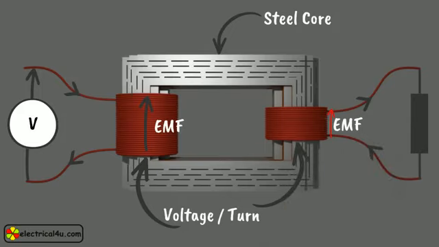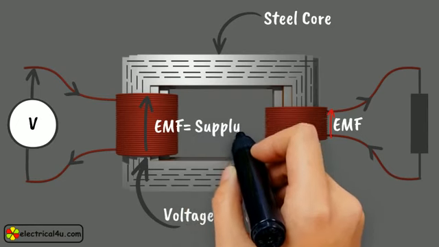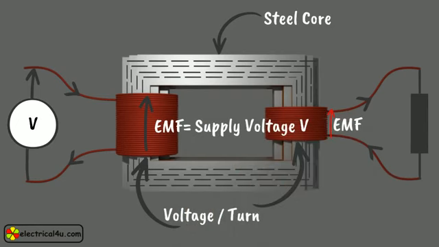We have already explained that the voltage induced across the first winding is the same as the supply voltage. Here we consider that there is no voltage drop between the supply terminals and the first winding. This is an ideal case. For theoretical purposes, we will consider that condition.